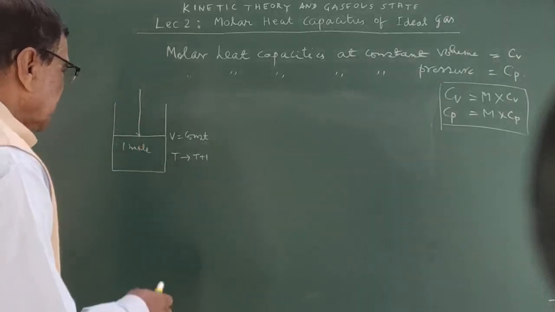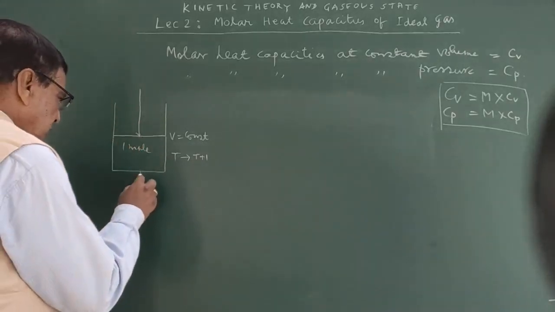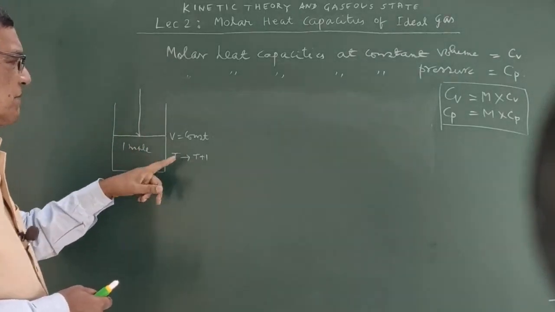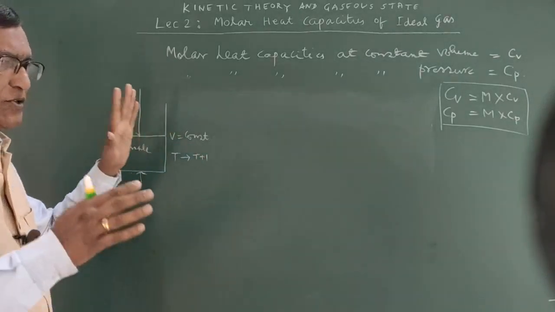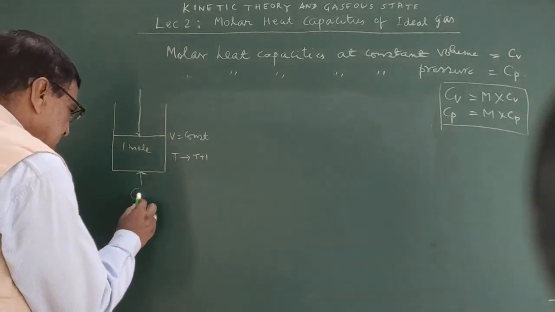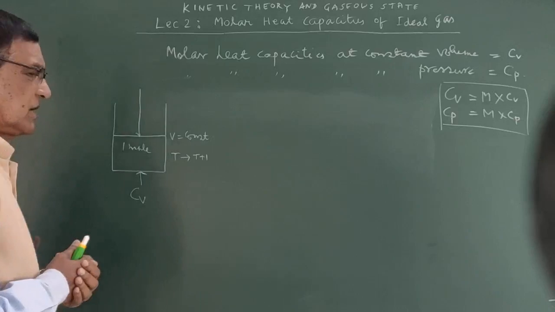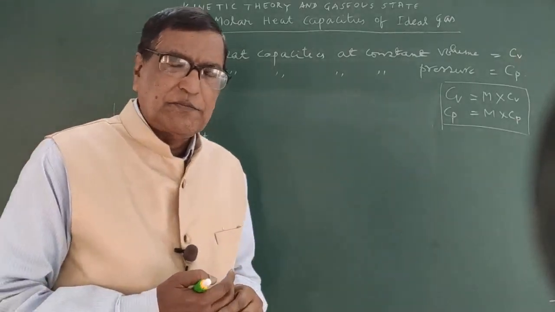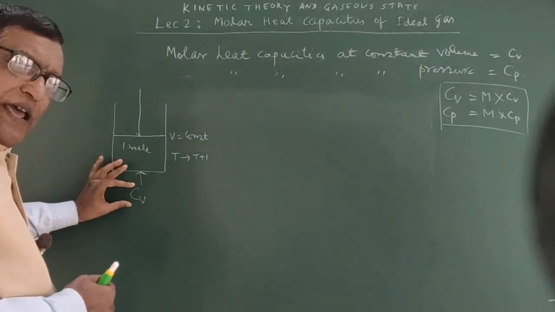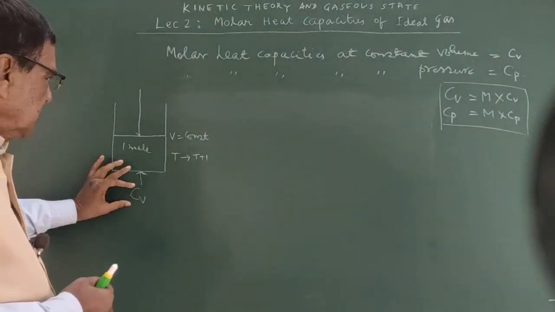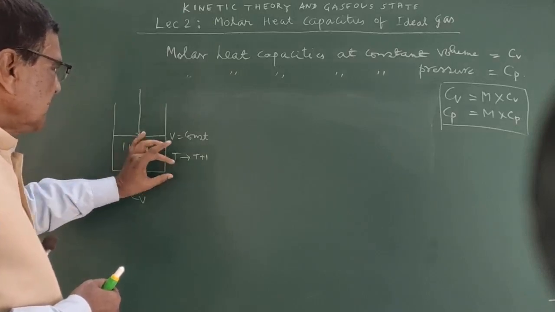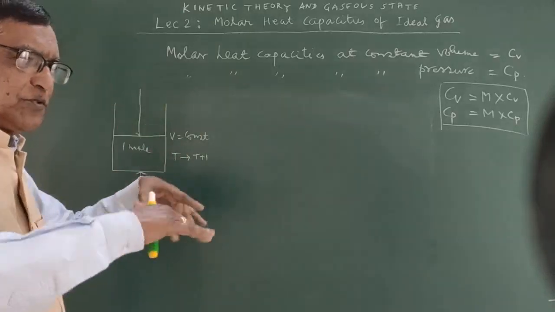So it is the amount of heat required to raise 1 mole of this gas from T to T plus 1 at constant volume. It is Cv, the molar heat capacity at constant volume.